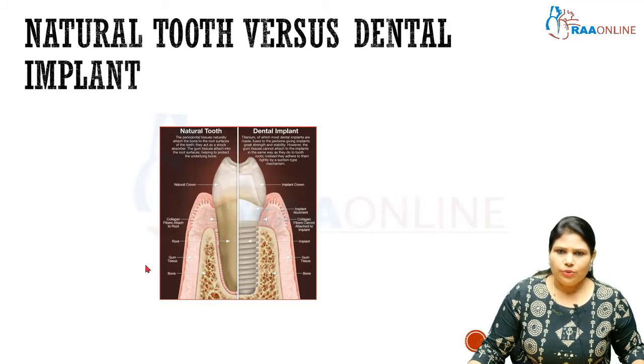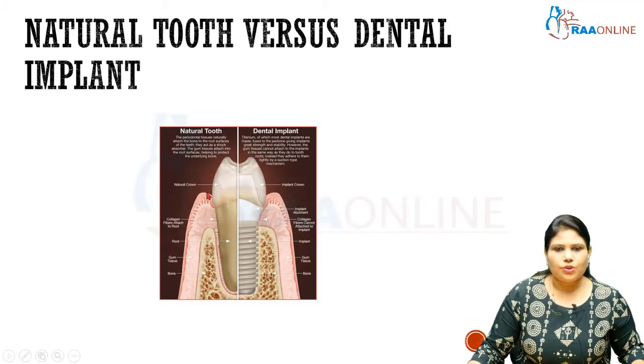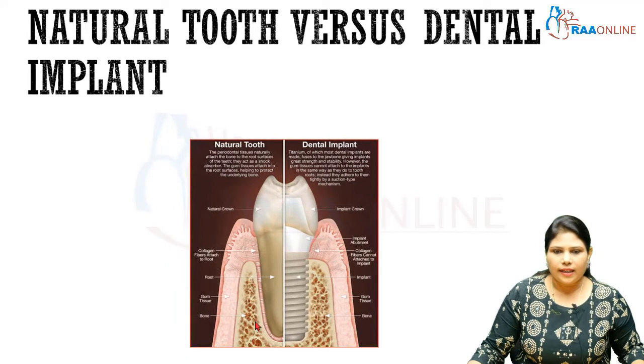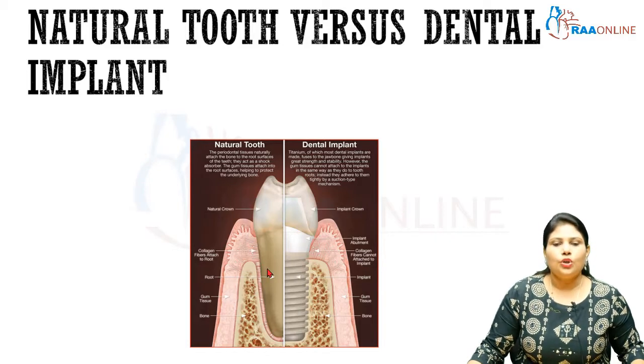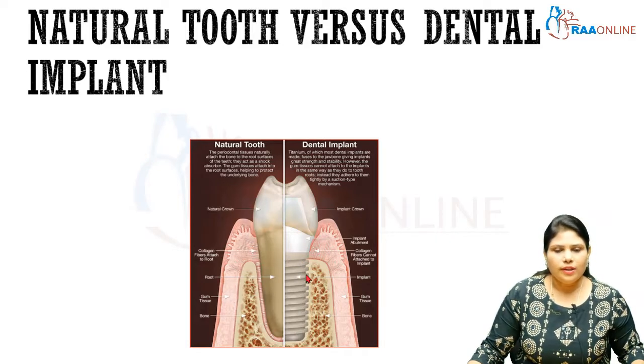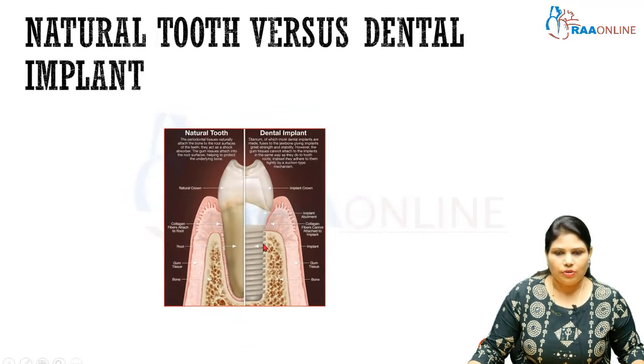What is a natural tooth versus a dental implant? As I mentioned, a natural tooth consists of a root portion, but an implant consists of a dental screw which is getting embedded into the bone structure and which is going to act as a root structure for the implant which is being placed on the top.